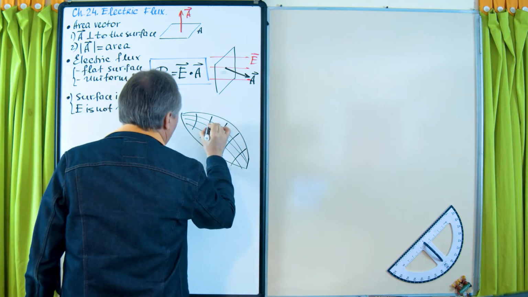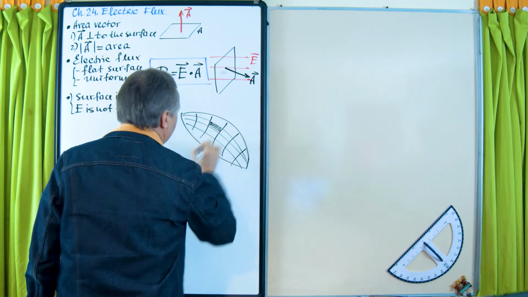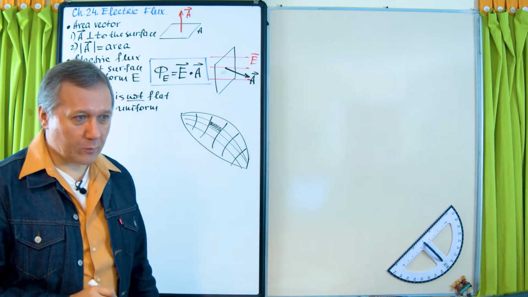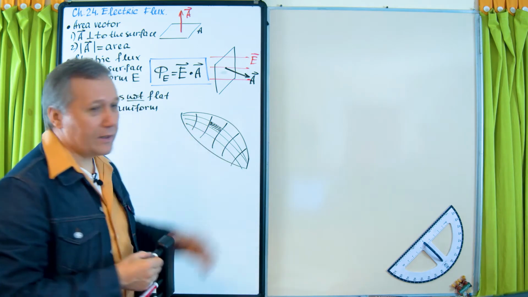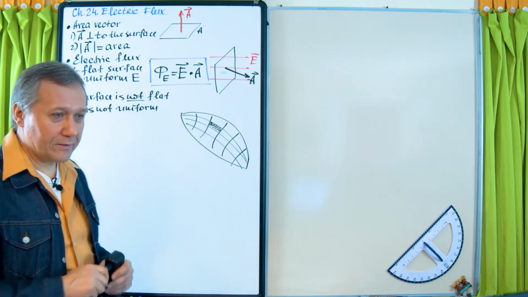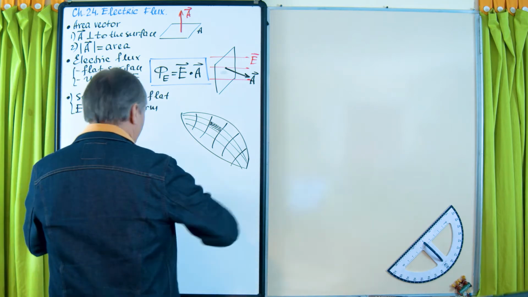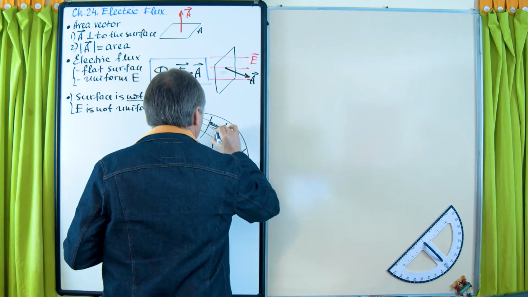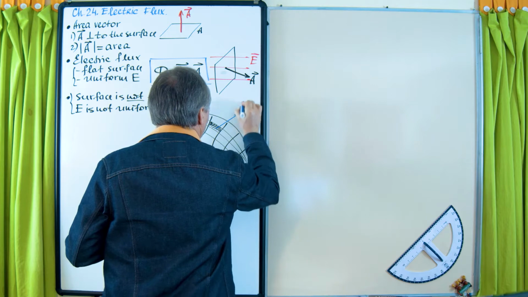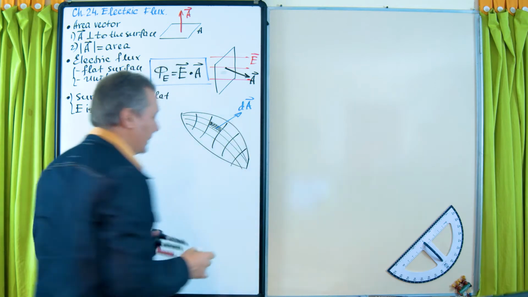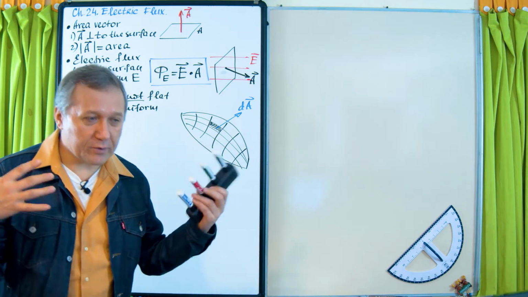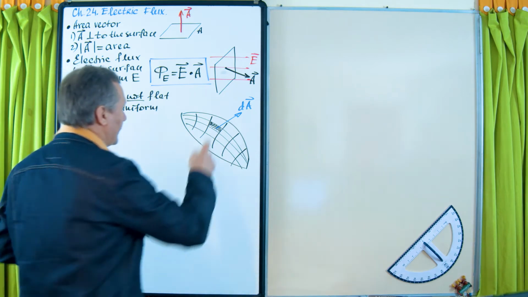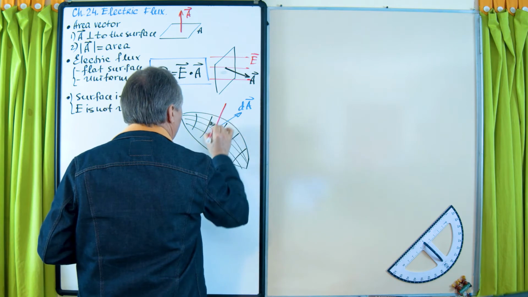And now I have to take a small patch with some small area dA, and I can draw my area vector. Let me use blue. So let's say this is the area vector for that patch, dA, and at the place of this patch there will be some electric field, the value of the electric field at this particular point.